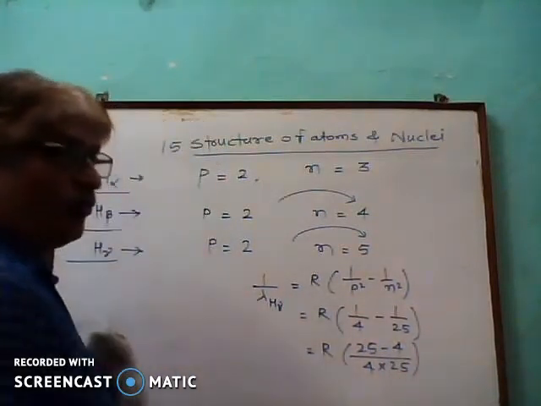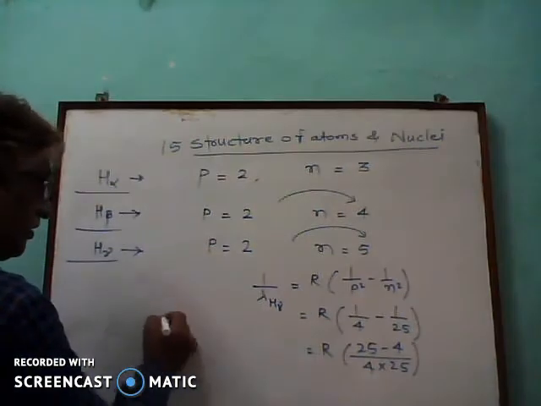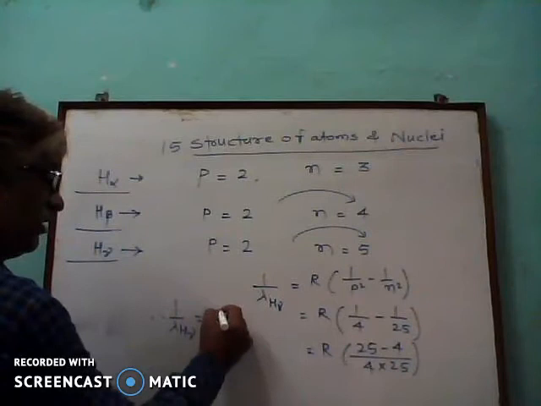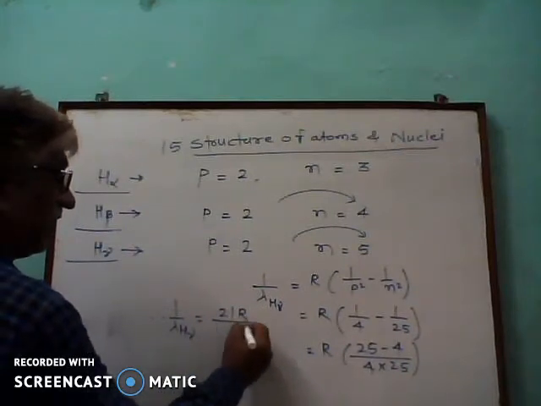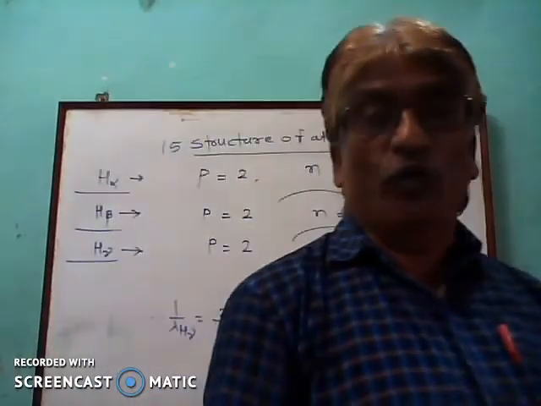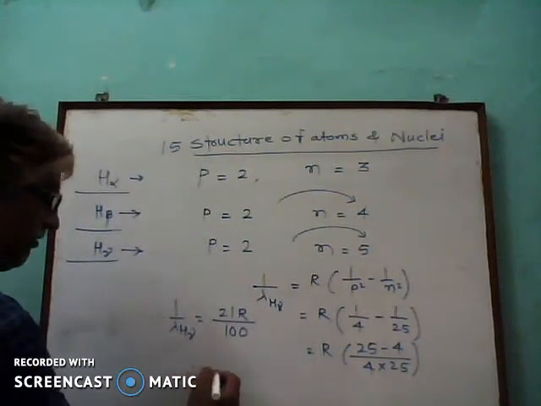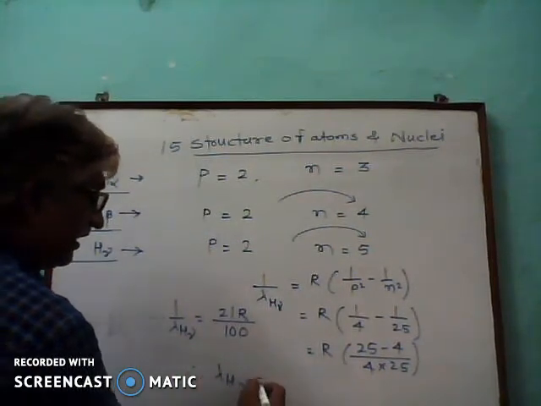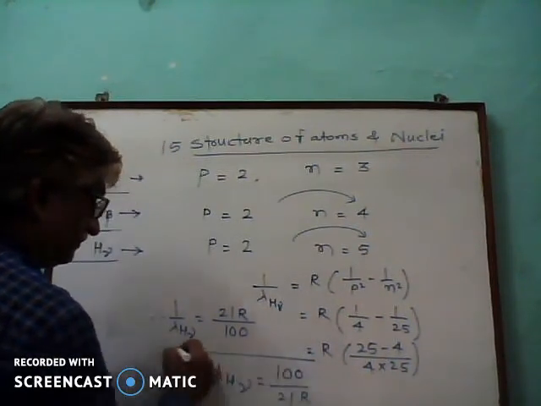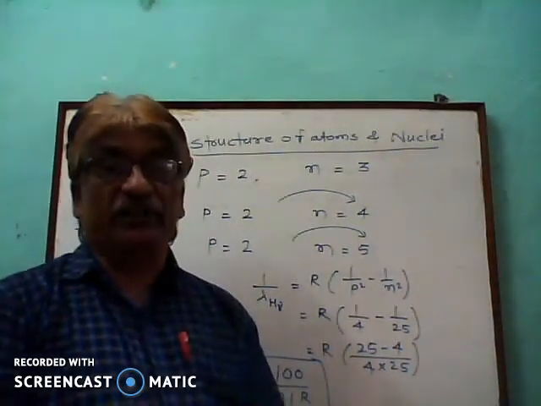If 4 is subtracted, it becomes 21. So 1 upon lambda H gamma is equal to 21R upon 100. That is the wave number. So the wavelength of gamma will be 100 upon 21R.